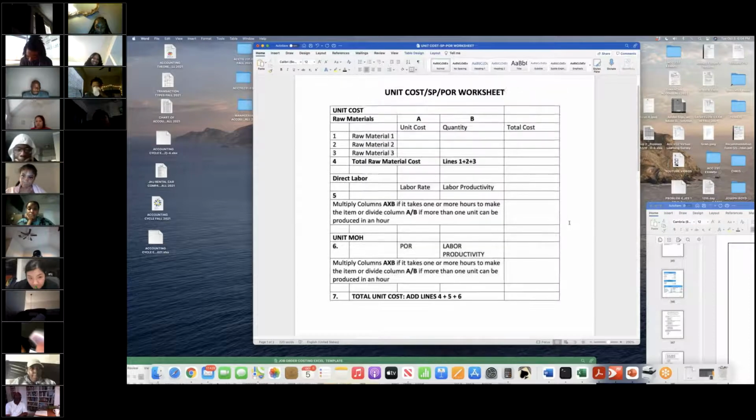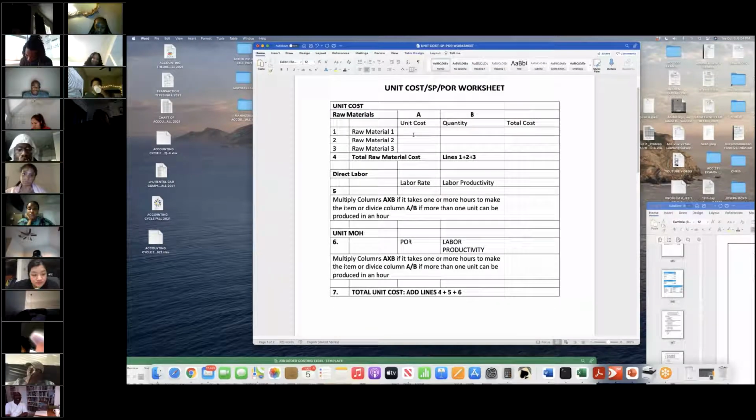Let's start with the raw materials. We said the paper, how much paper did we need? 1 ream. 1 ream for 10. Wait a minute, let's see, unit cost is 10. Needed 1 ream. That gave us a total cost of 10. Mm-hmm.